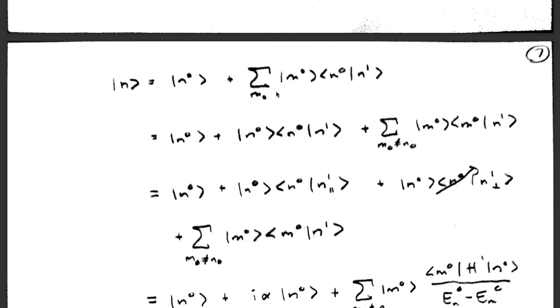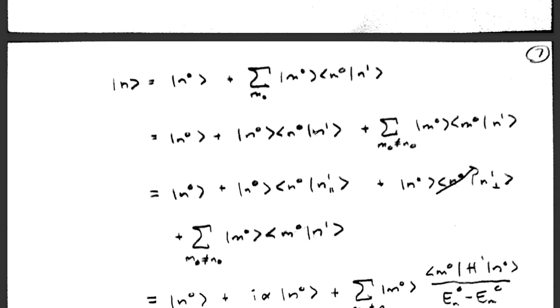Here m runs over all values of however many unperturbed kets you have. One of them would be the n eigenket. So what I'm doing in the next step is pulling out the term where m is equal to n, so that would be this first term coming out of here. And then what's left is the same expression, but now I've picked out the m equals n case, so that is out here in the second term.